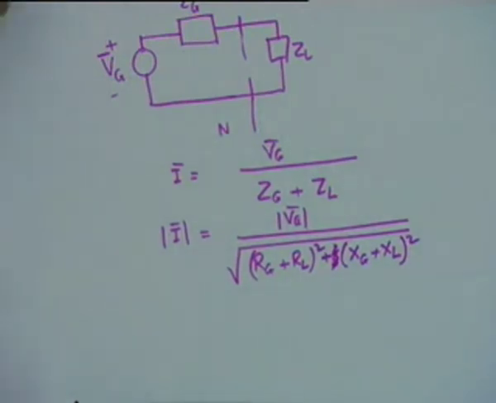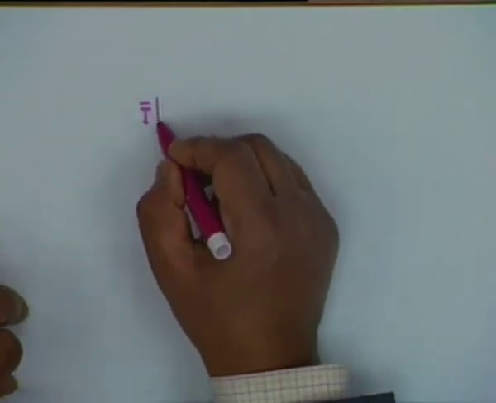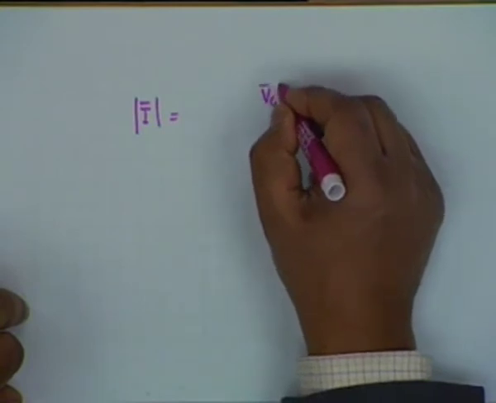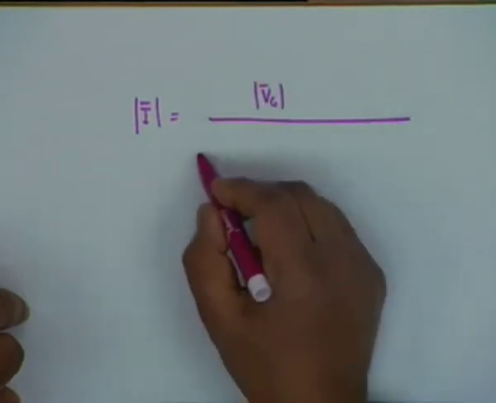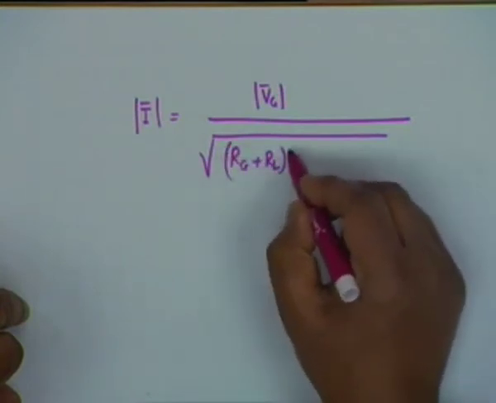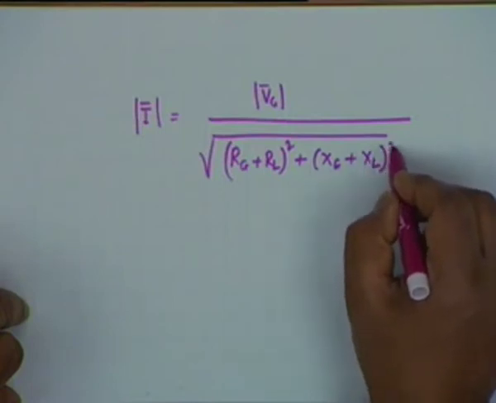Let me write it down again: the current phasor magnitude is equal to the voltage phasor magnitude divided by the square root of (Rg plus RL) whole squared plus (Xg plus XL) whole squared.